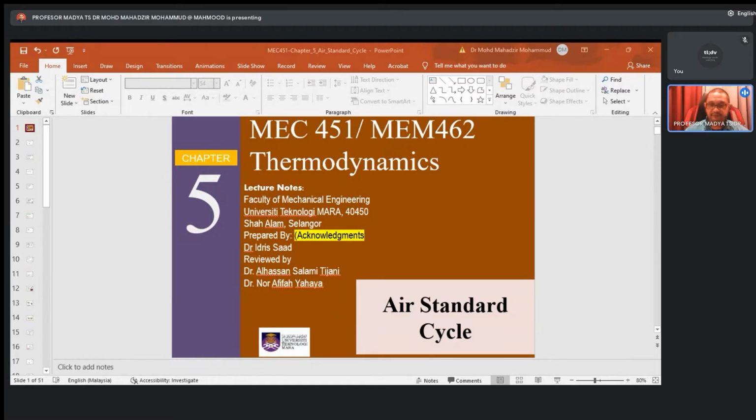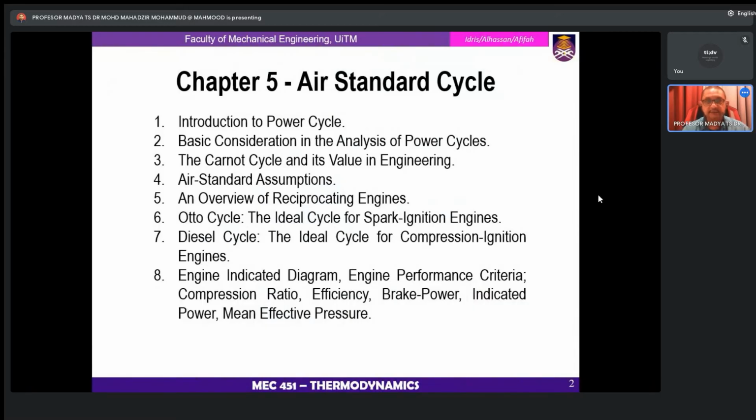And objective number 2, you should be able to develop simplified assumptions applicable to gas power cycles. Okay, so for this part one, there are only two objectives that you have to take note of. Part 1, chapter 5, air standard cycle.